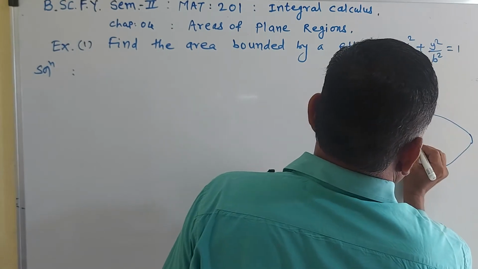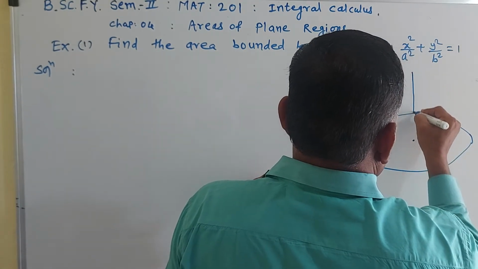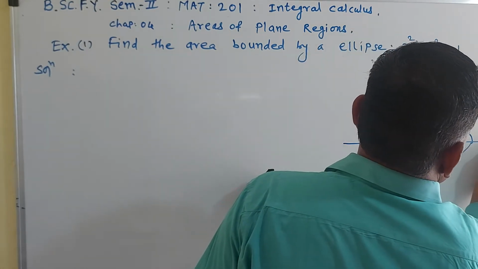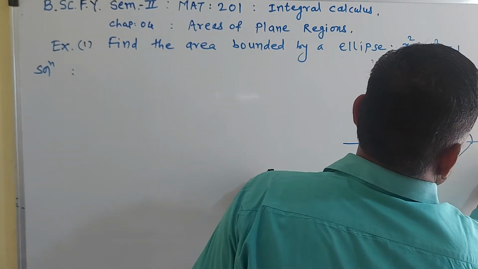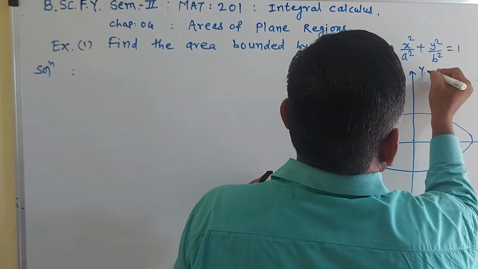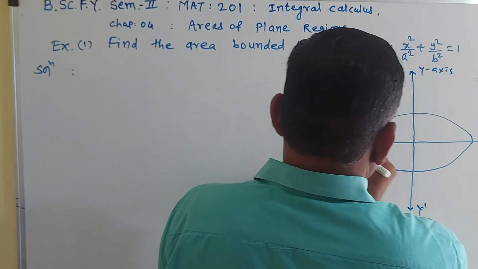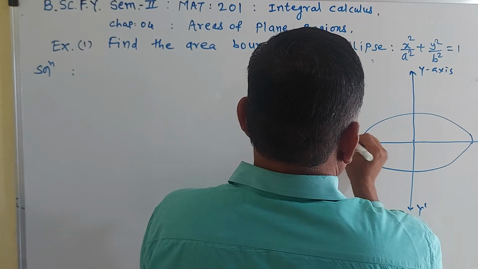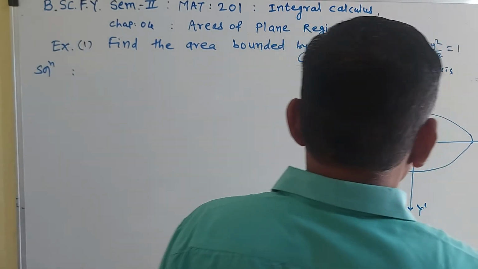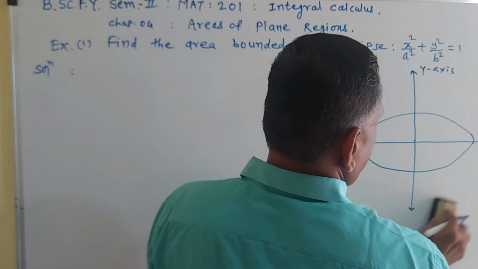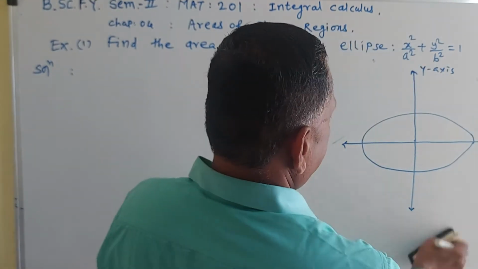Suppose this is the equation of ellipse. This is the x axis, this is the y axis. Don't write x dash, y dash.